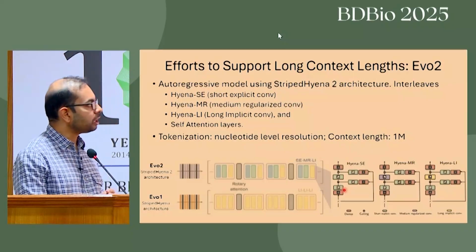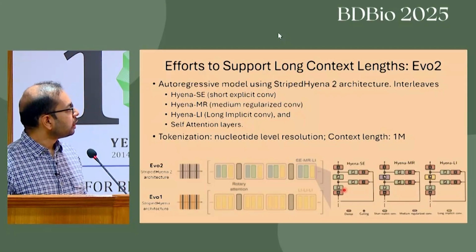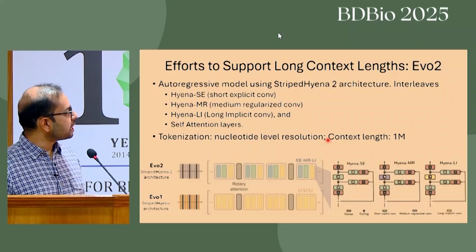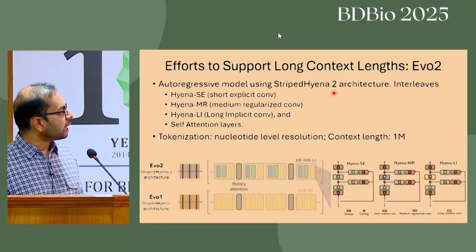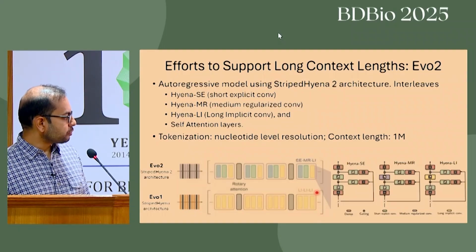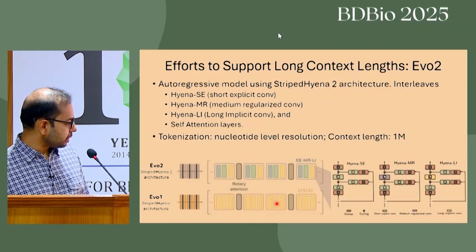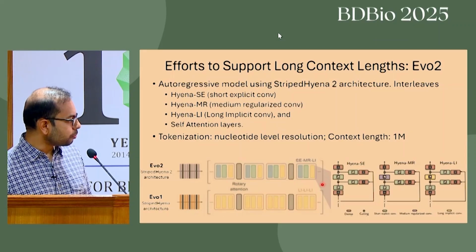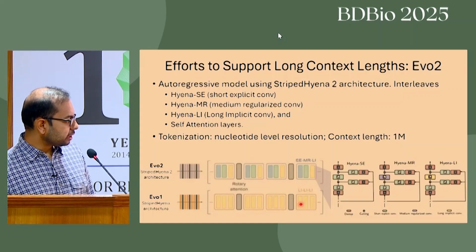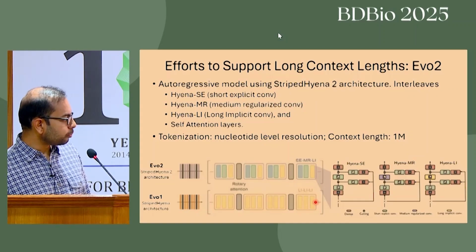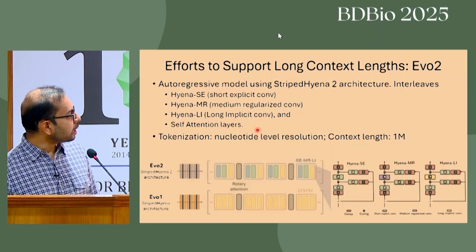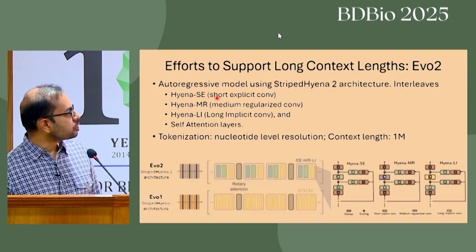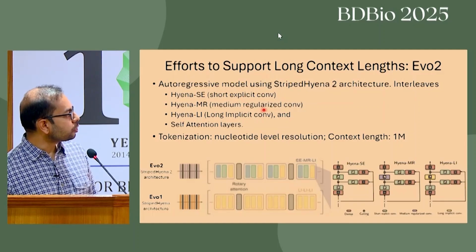After that came Evo 2, the next version of Evo. Here they made a few changes. Instead of Striped Hyena, they now use the Striped Hyena 2 architecture, and it has slight differences from Striped Hyena. Striped Hyena is the one at the bottom, Striped Hyena 2 is the one at the top. You can see that here we have similar Hyena operator blocks, but here we have 3 different types of Hyena operator blocks: short convolution, medium convolution, and long convolution.